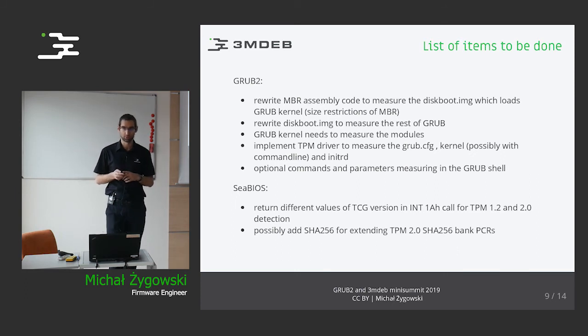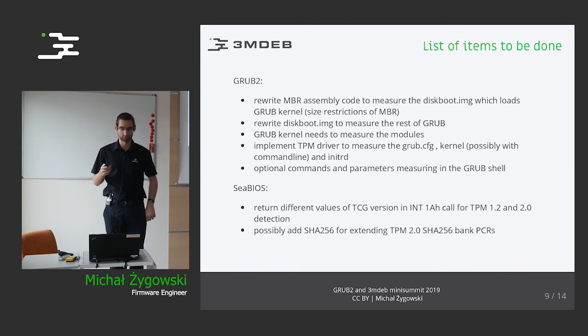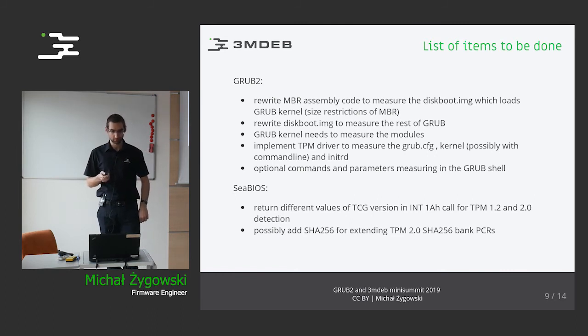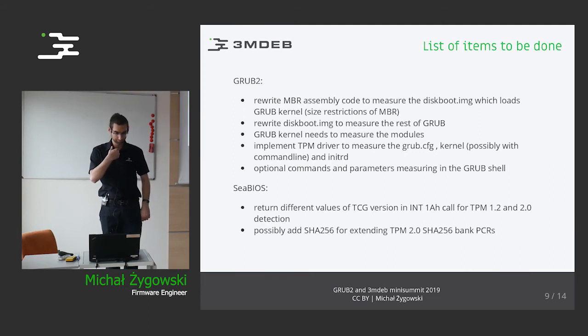And then in the kernel of the GRUB, the measurement of the modules which are loaded already from the hard disk was implemented. And of course, a TPM driver was required for the kernel of the GRUB in order to measure the modules, the kernel, and the GRUB config with the command line options.